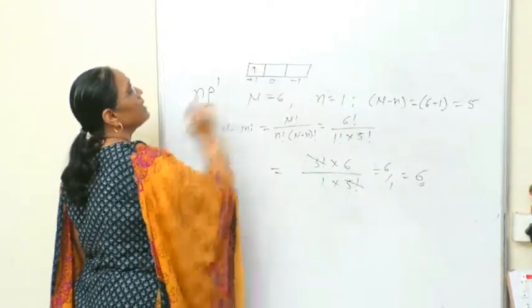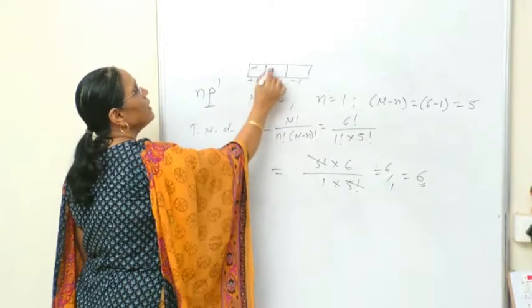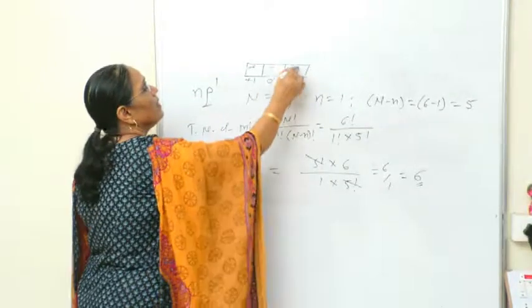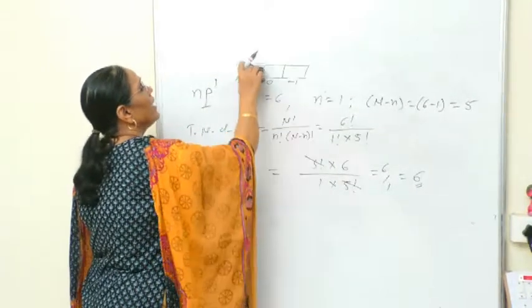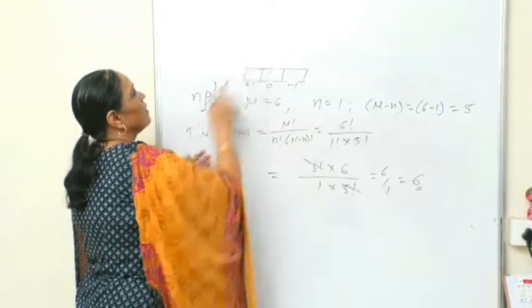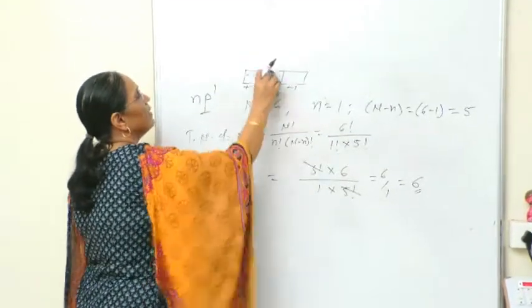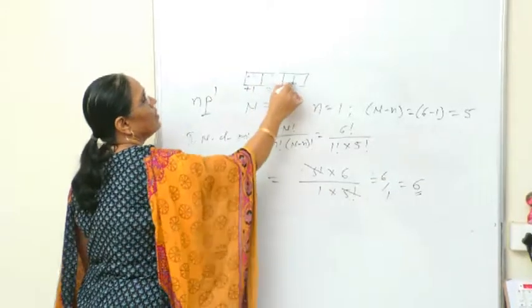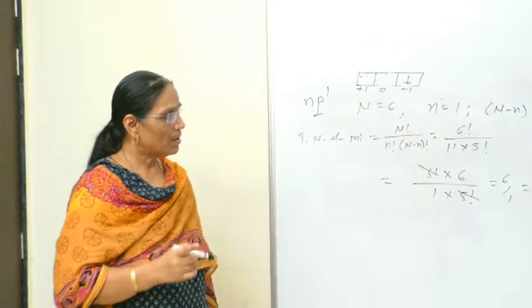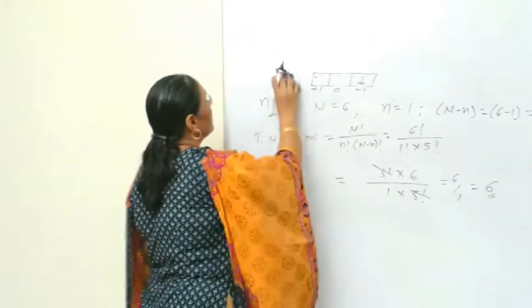The first possibility is this one, second possibility is this one, third possibility is this one, and then the fourth, fifth and sixth possibilities. All these 6 arrangements have either a different ml value or a different ms value.